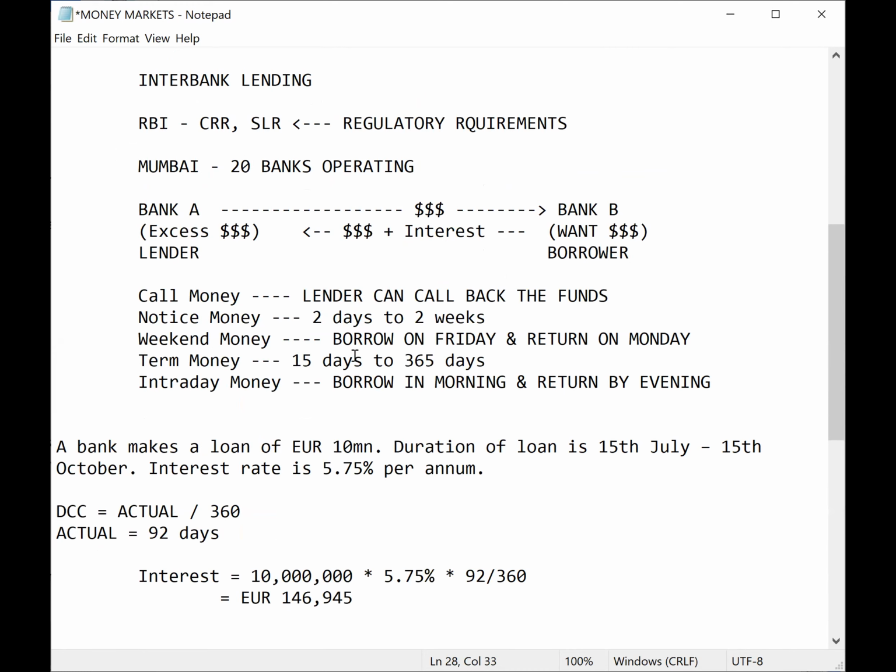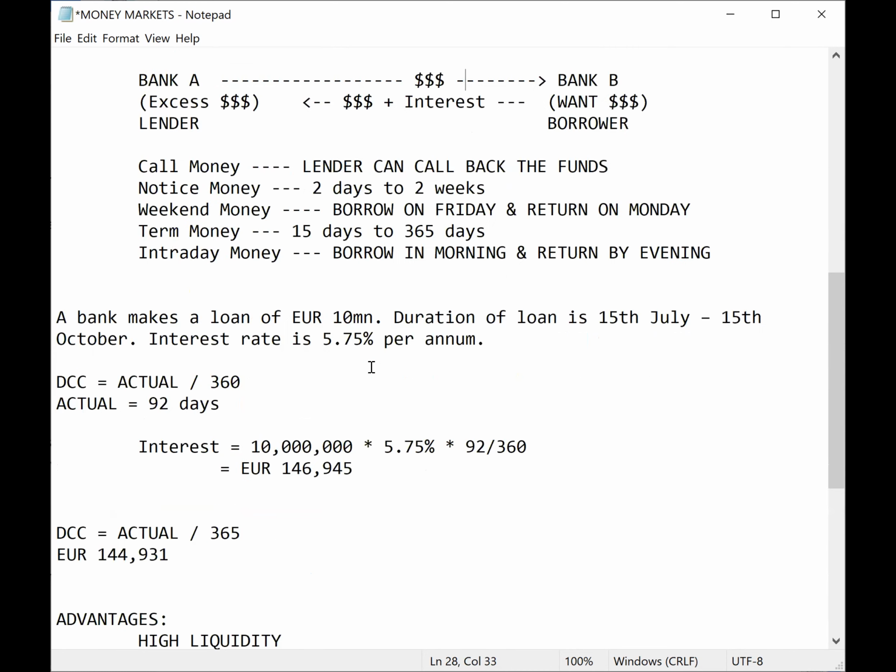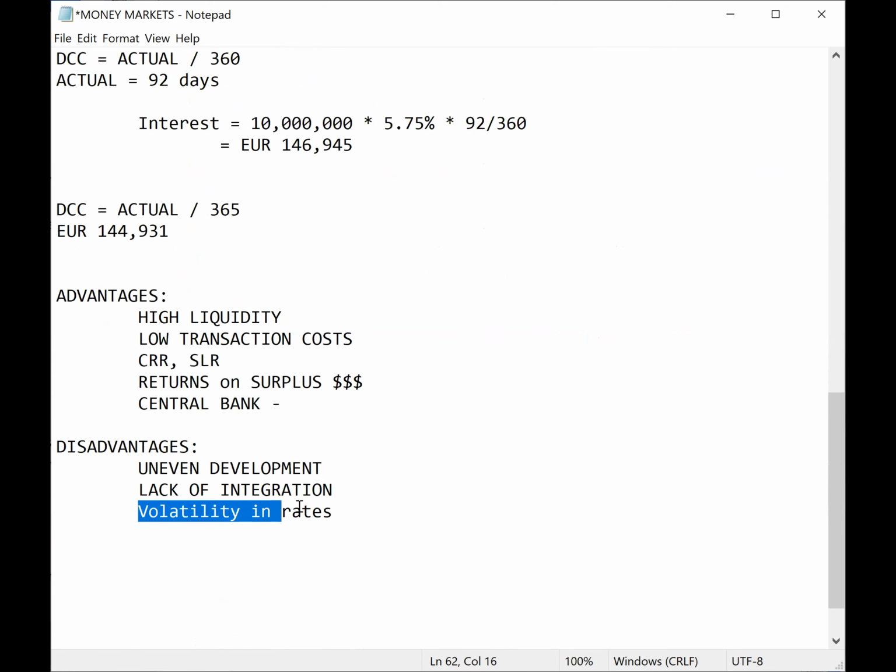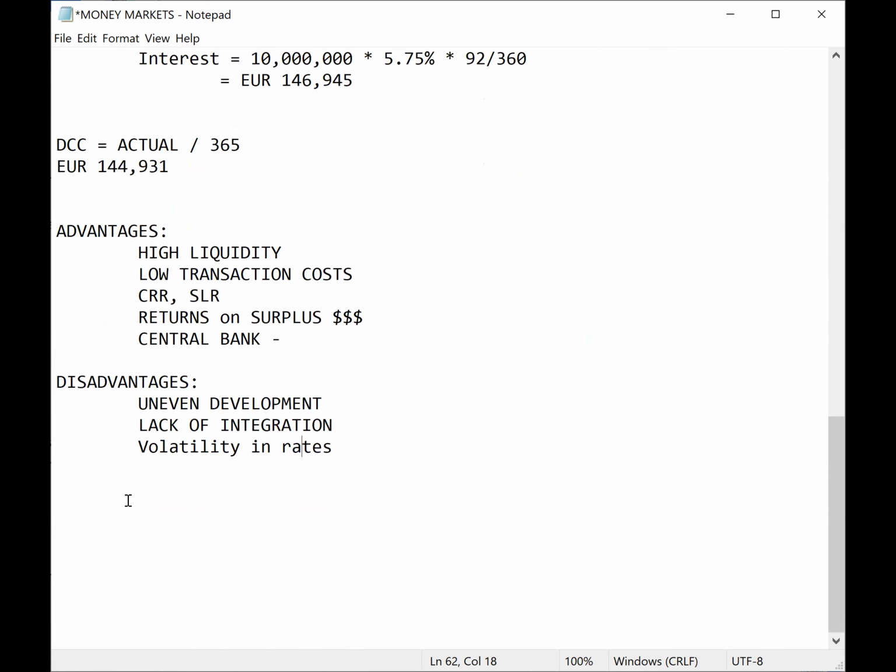So there is a lot of volatility because this is not happening in a central place where everything would be seen, right? So there can be a lot of change in the rates. Please note it down, guys.